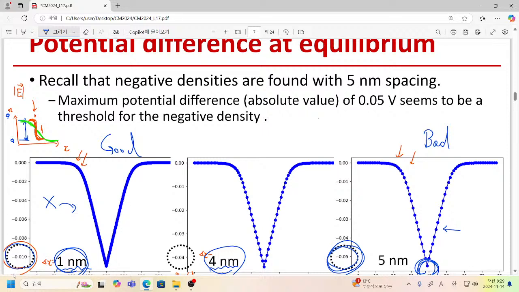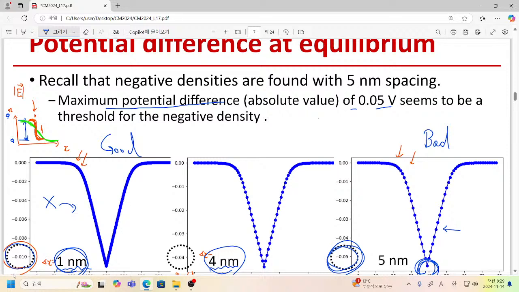The maximum potential difference of 50 millivolt seems to be a threshold for the negative density. If we have a potential difference higher than 50 millivolt, that makes some problems.